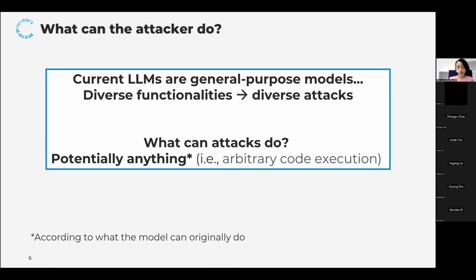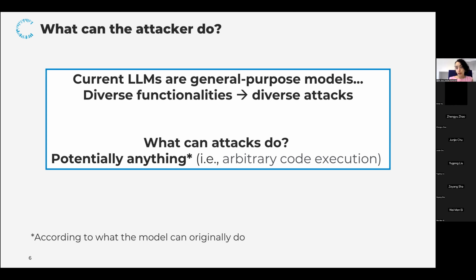Based on that, the attacks as well will have a broad range of diversity, different goals and different setups, because the way we modulate these models is by natural language instructions. Since the capabilities of the model are very diverse, we modulate them with instructions in natural language. And if the attacker is able to give instructions to the model, then the attacker can also modulate the functionality of the model by natural language instructions.